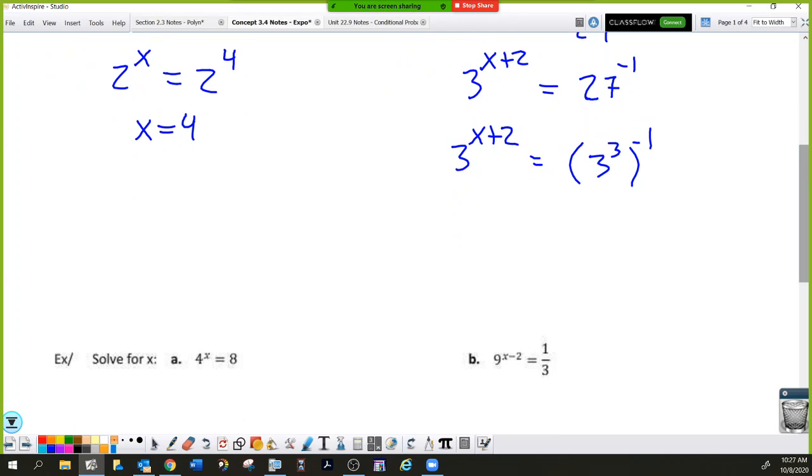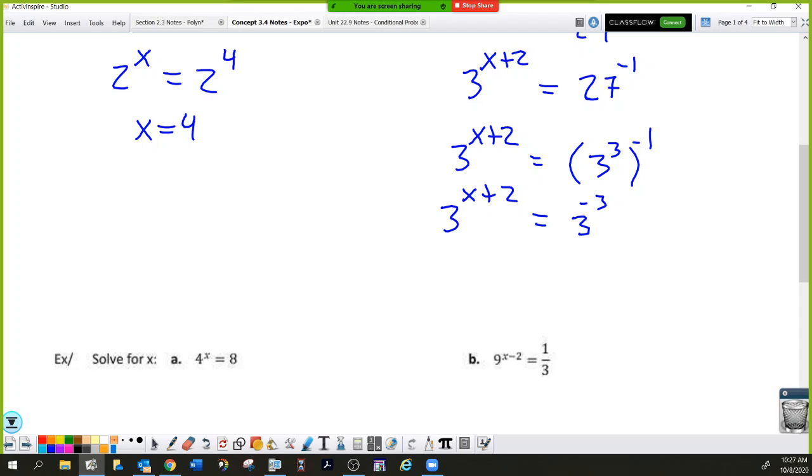Now, in the future, I would hope that you go directly from 1 over 27 straight to 3 to the negative 3. If you can't go straight to it, that's fine. You're welcome to go through the step of raised to the negative 1. There's nothing wrong with that.